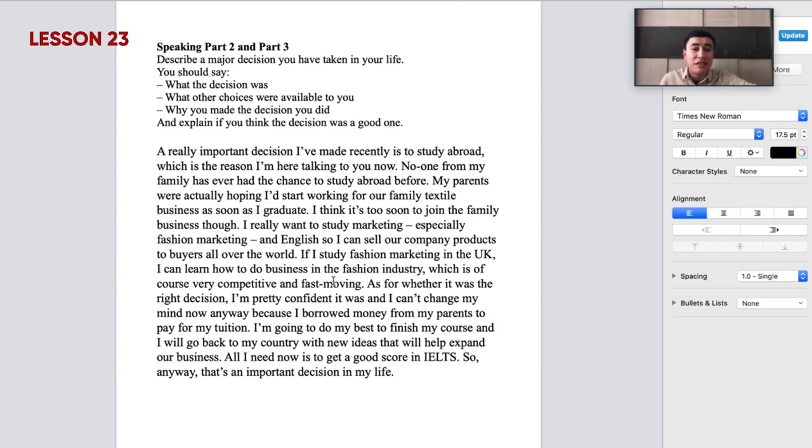For example, in this part, when the candidate is talking about why he decided to study, "so I can sell our company products to buyers all over the world," you can change this part, and of course you can say, "I want to bring my family business to an international level and start exporting our products to many countries around the world." So you're using higher level vocabulary, you're talking about export and so on.